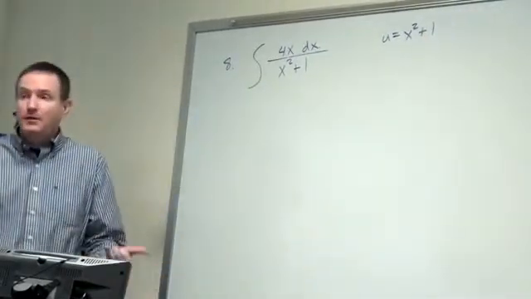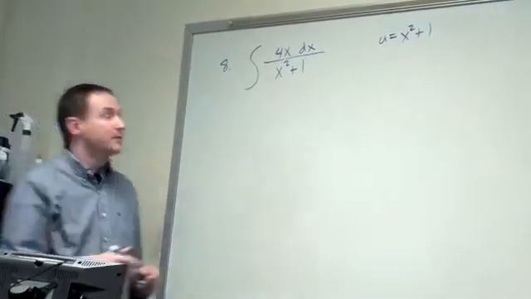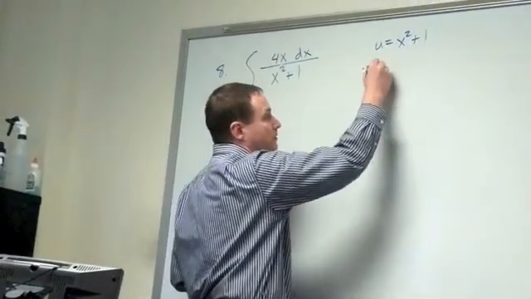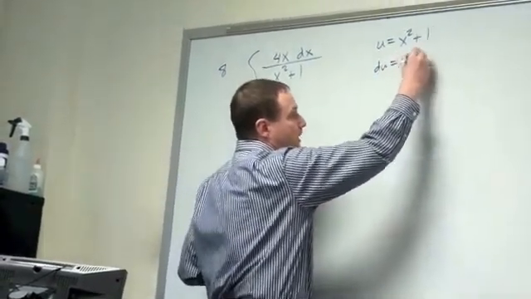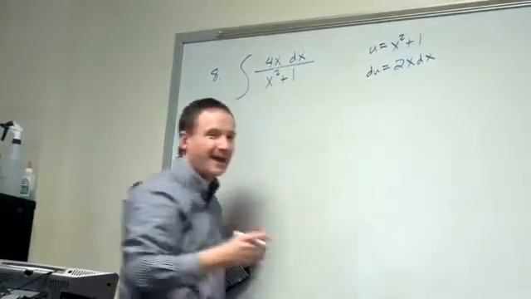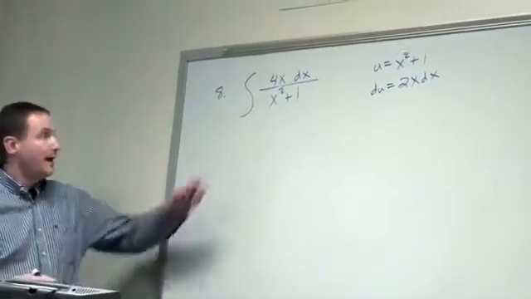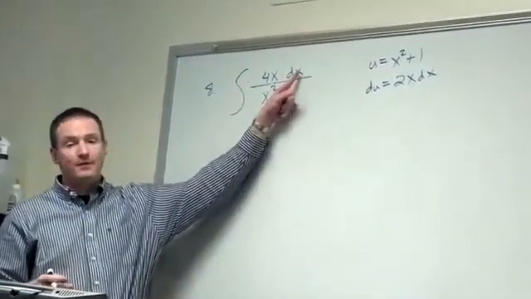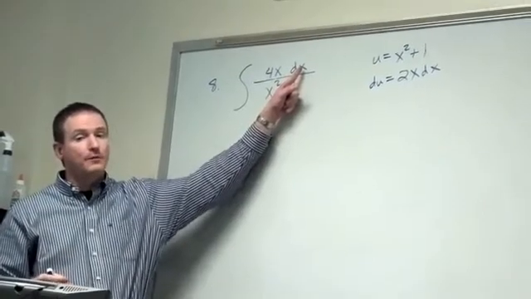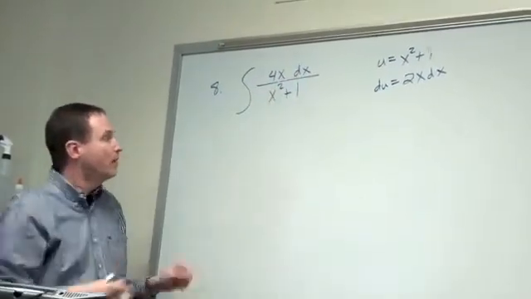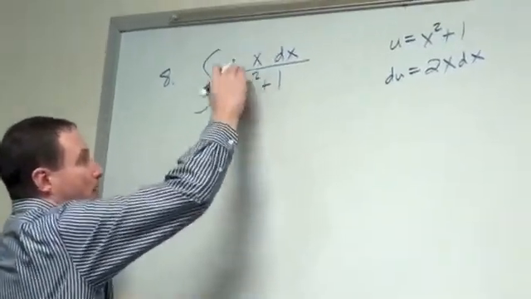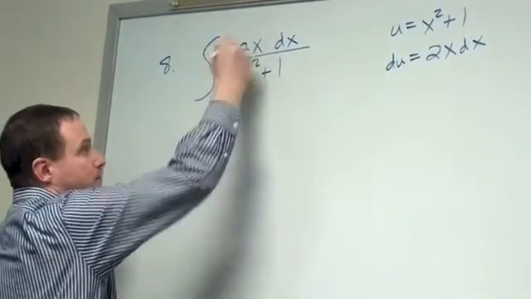Let's see. So if u is x squared plus 1, so you let u be the denominator, then the derivative of u is 2x dx. I noticed there that I have a 2x dx as a factor in the numerator along with a 4. So that 4 I'm going to call 2 times 2.